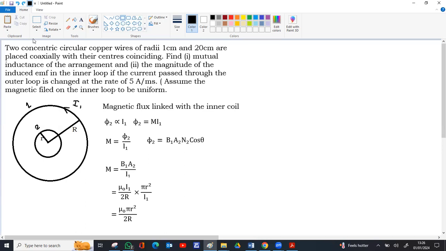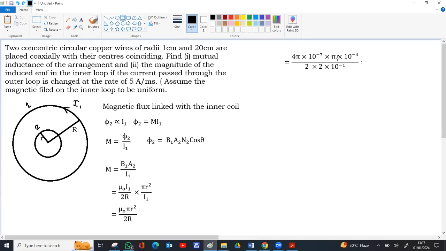Now we can substitute the values of small r and capital R. So mu0 is 4 pi into 10 to the minus 7. Pi. Small r is 1 centimeter, meaning 10 to the minus 2 meter. Square is 10 to the minus 4. Capital R, 20 centimeter, will be 2 into 10 raised to minus 1. This 2 and 4 get cancelled.